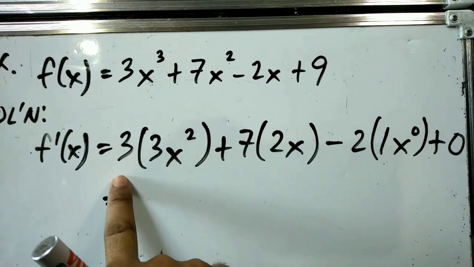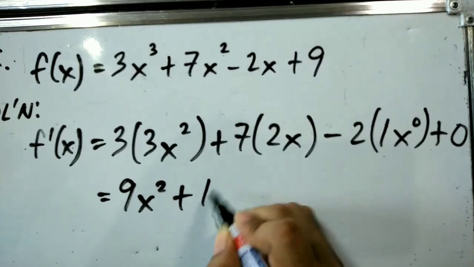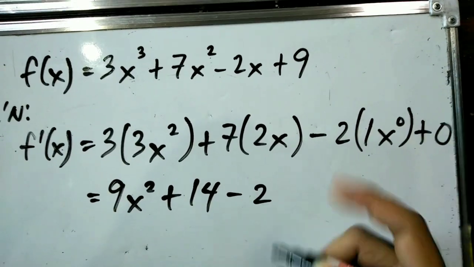And then 3 times 3x squared, that is 9x squared plus 14x minus 2.